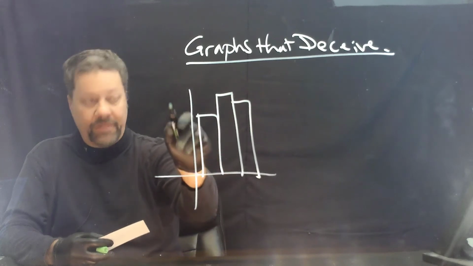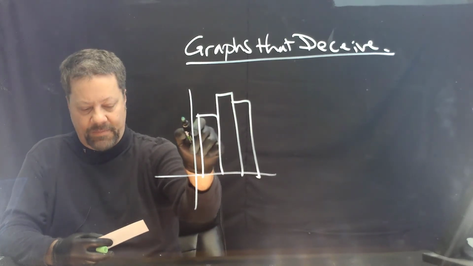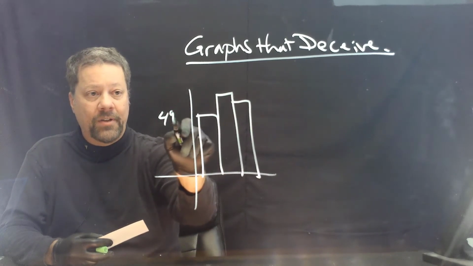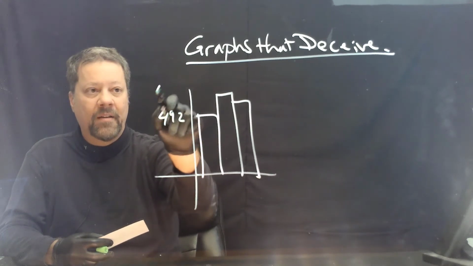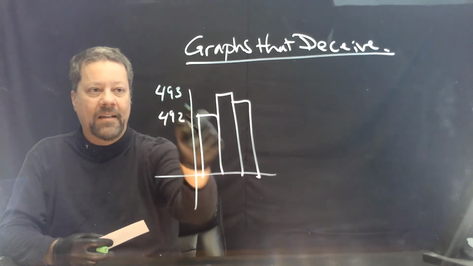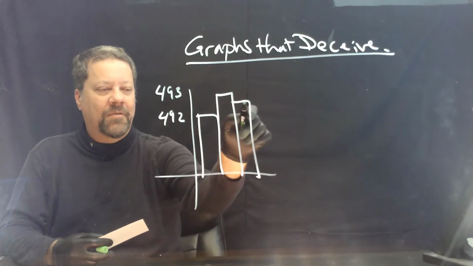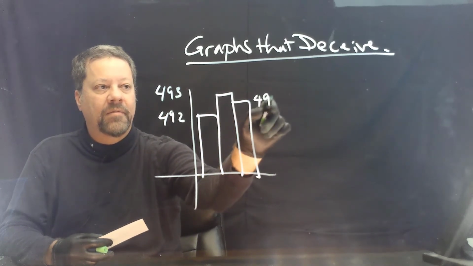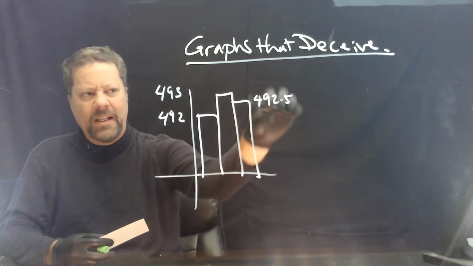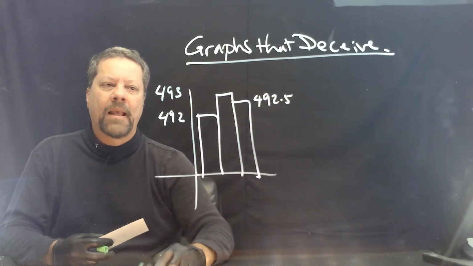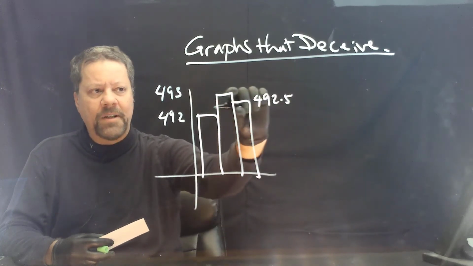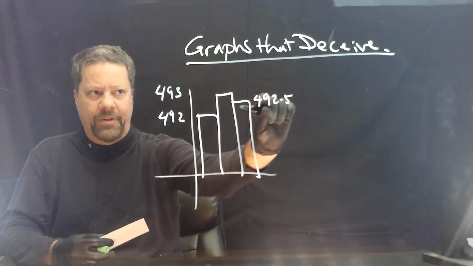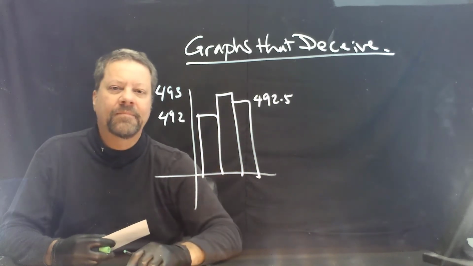And suppose these numbers over here are like, I don't know, 492, 493, 492 and a half. These are really close numbers. And it looks like the variations are much bigger than half a unit here and half a unit there.